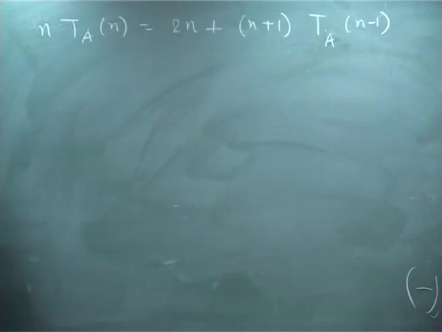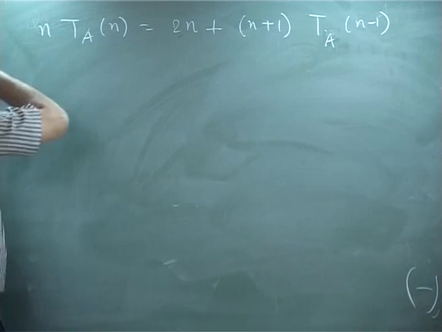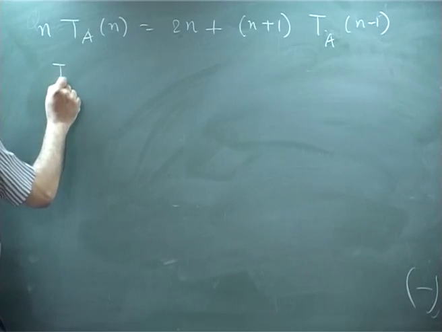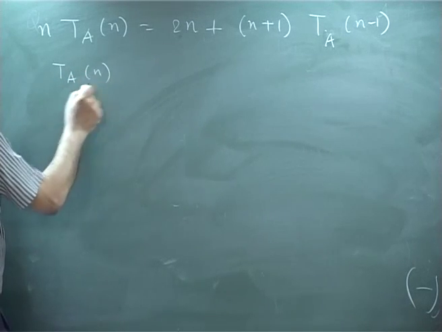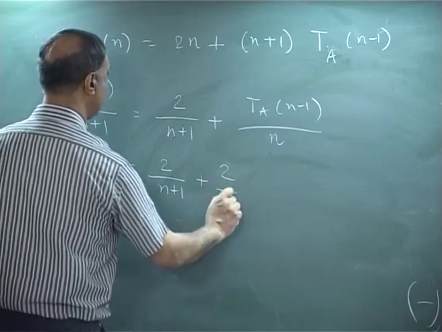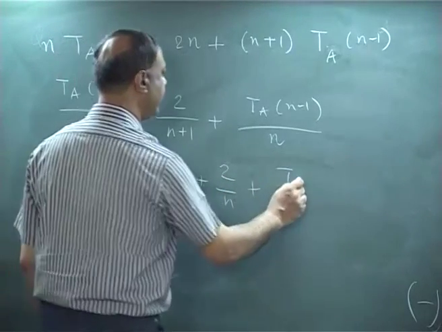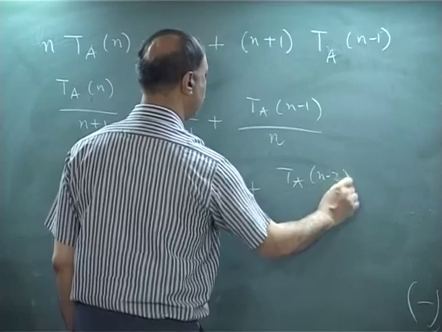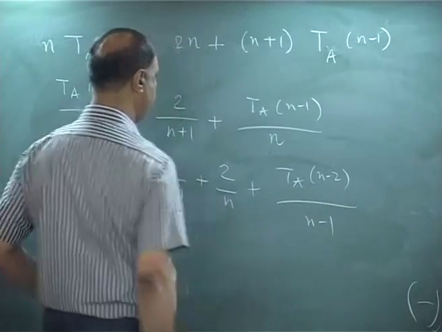Now dividing both sides by n into (n plus 1), I get TA(n) by (n plus 1) equals 2 by (n plus 1) plus TA(n minus 1) by n.